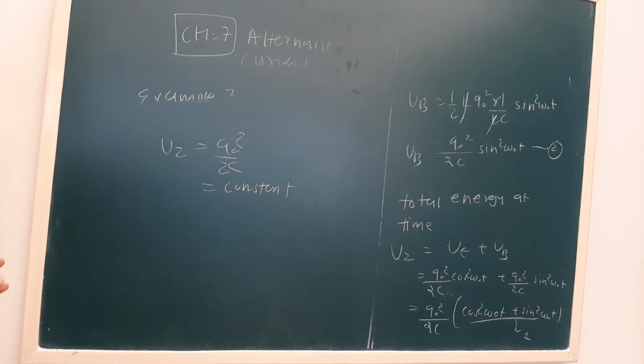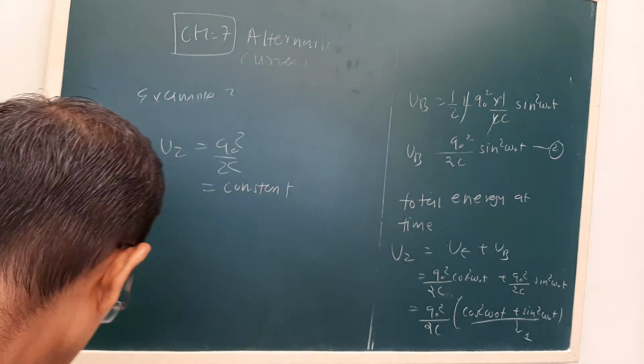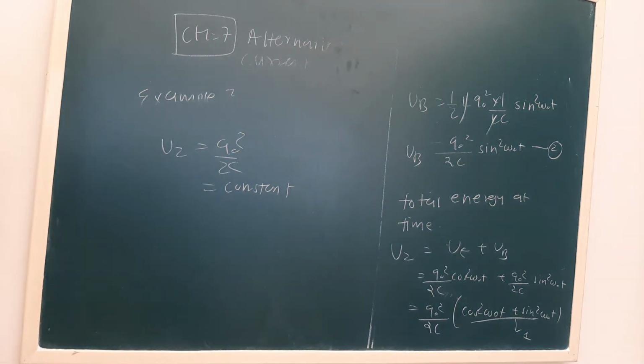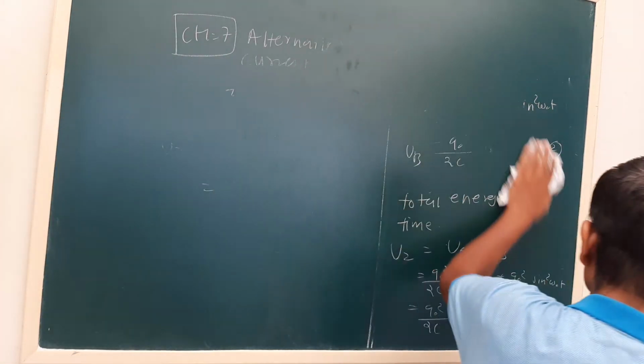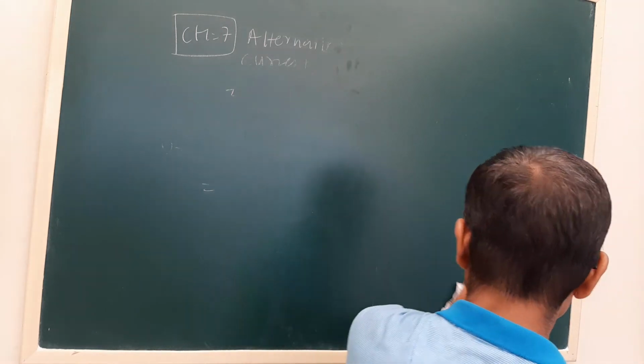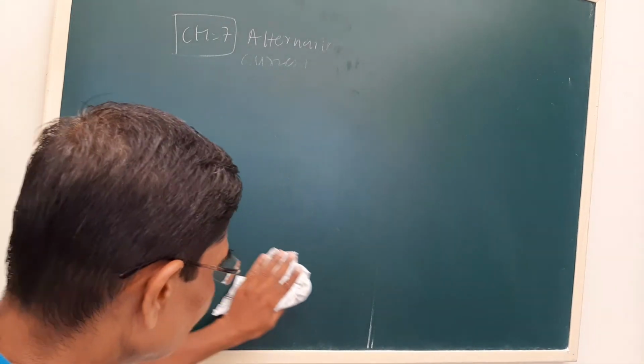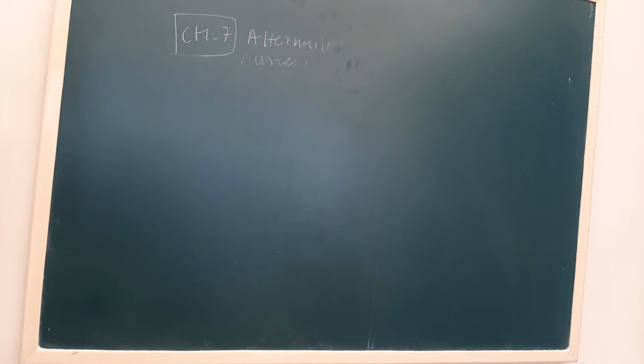Now this is about example number 7.11. With that we come to the end of the examples of lesson number 7, and now we start with the exercise numericals.